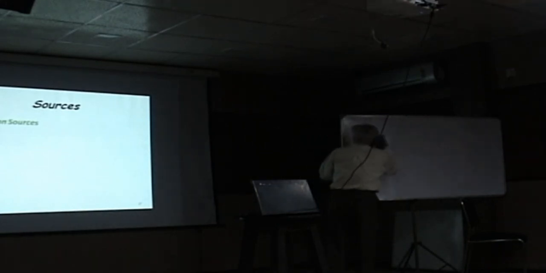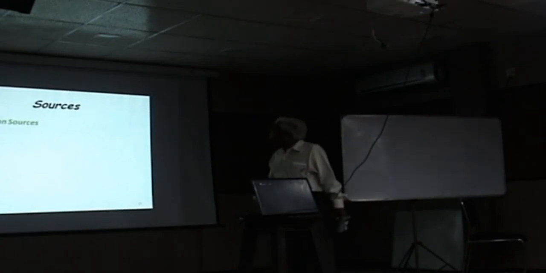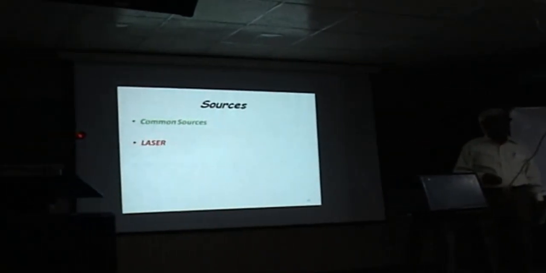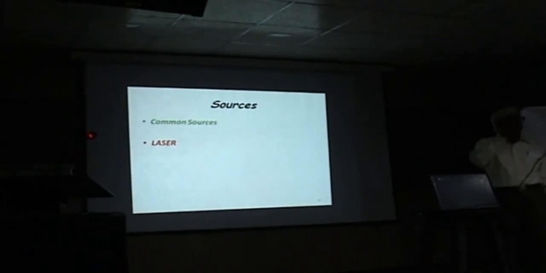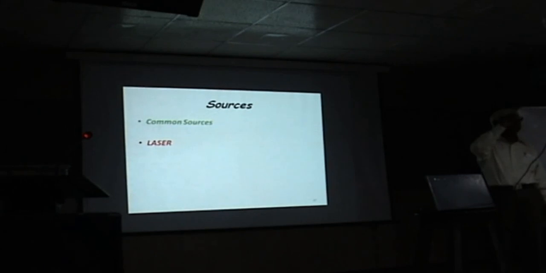This is one thing. Another thing that I have written here, I just have to discuss. The first thing is that you have to shine light on matter. So a source of light is important.